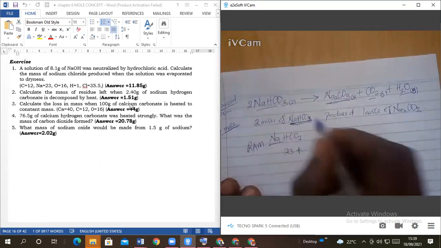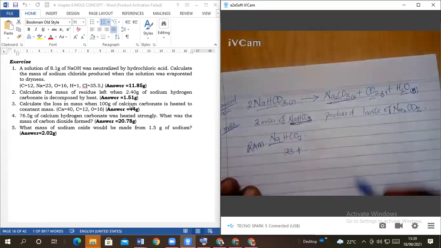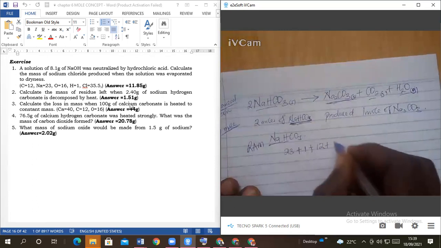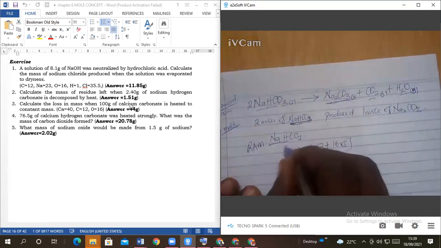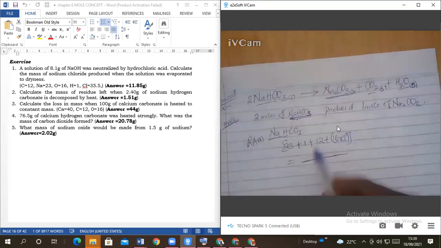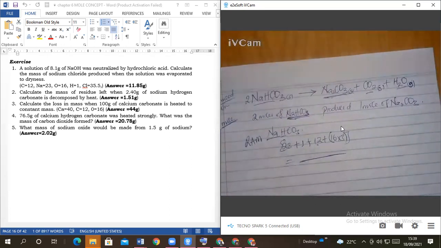Sodium is 23, hydrogen is 1, plus carbon, which is 12, plus 16 times 3. Start with 16 times 3, add it to 13 plus 23. What is the answer? 84.